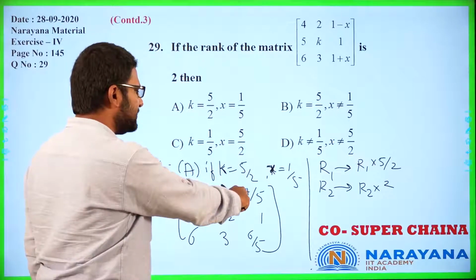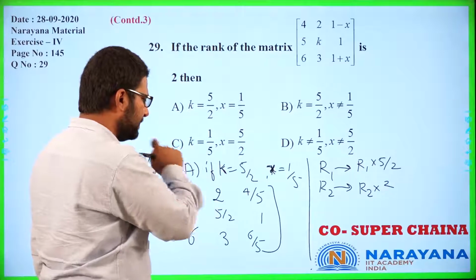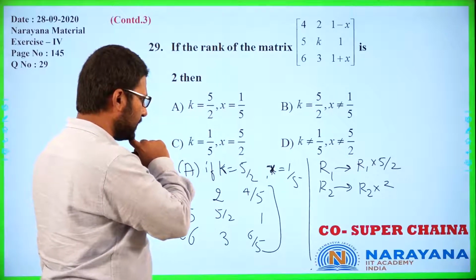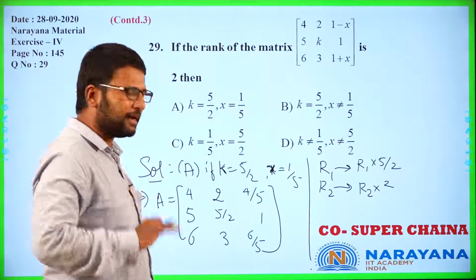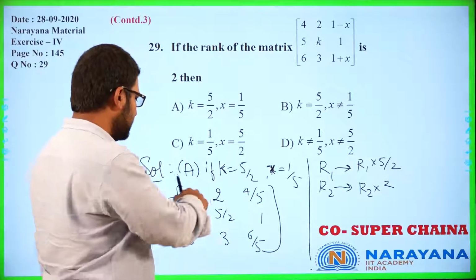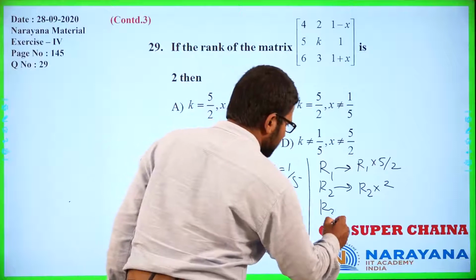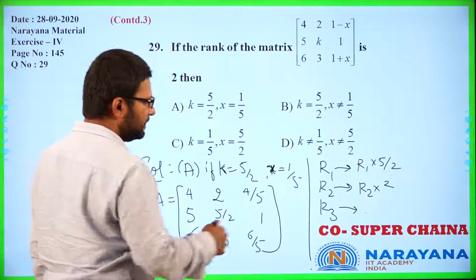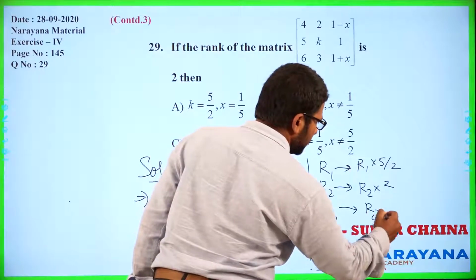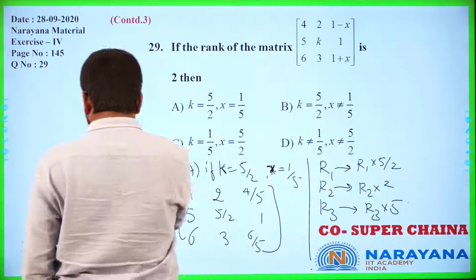If we multiply this by 5 by 2, there will be 2 remaining. Okay. Let us keep R2 as R2 into 2. We will see what happens. Then R3 goes to, I want to get rid of the 5. So R3 into 5.